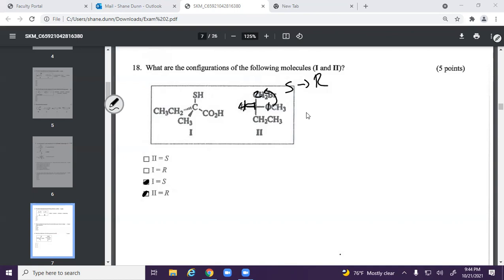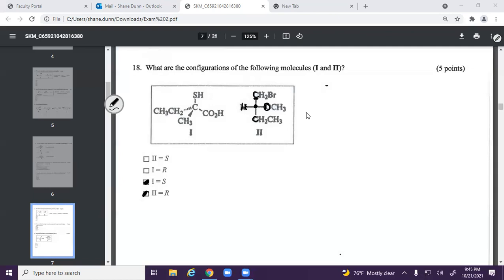No, because isn't bromine 1 and then the OCH3 2? No. These are what's bonded to our chiral compound. So we have 1 O, a C, and H. Which one's the heaviest? O, H, or C?